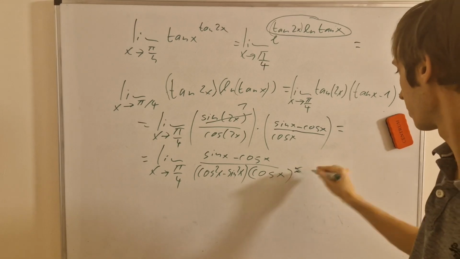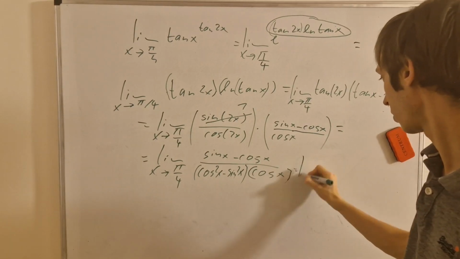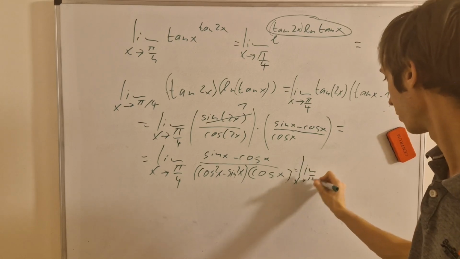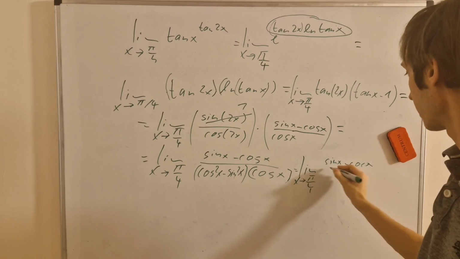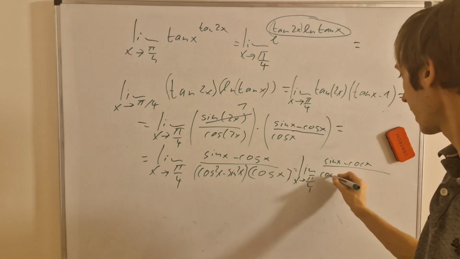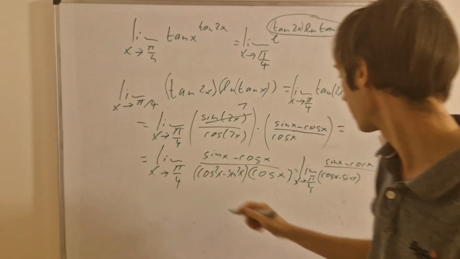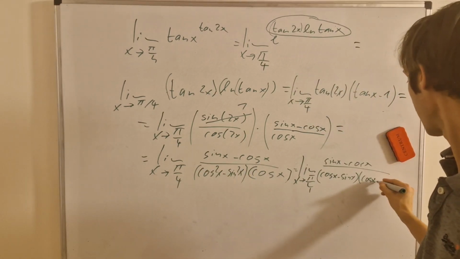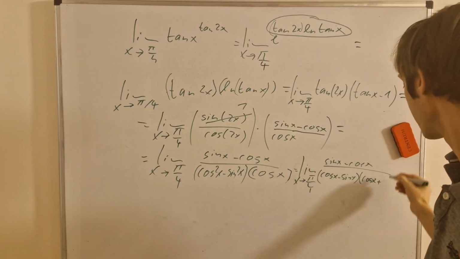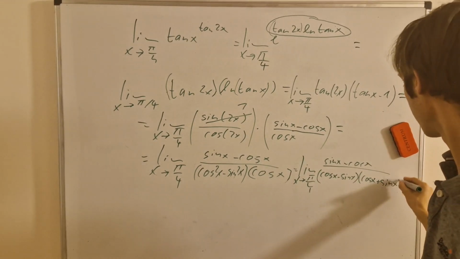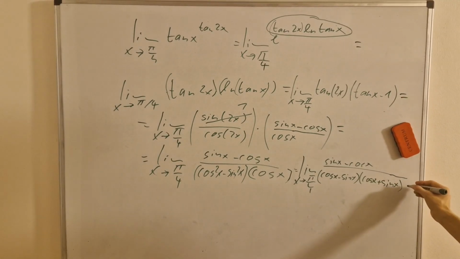So this is all equal to limit x goes to pi over 4 of sine x minus cosine x, over cosine x minus sine x, that's the a minus b times a plus b, times cosine x plus sine x. We're just rewriting using some trig identities and some algebraic rules, and still cosine x here.